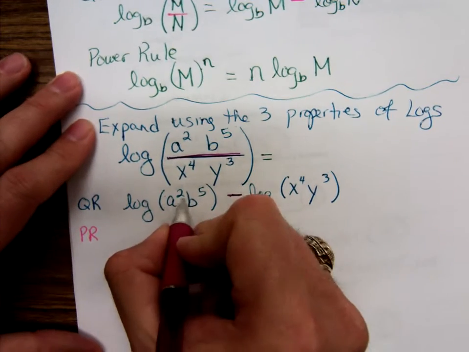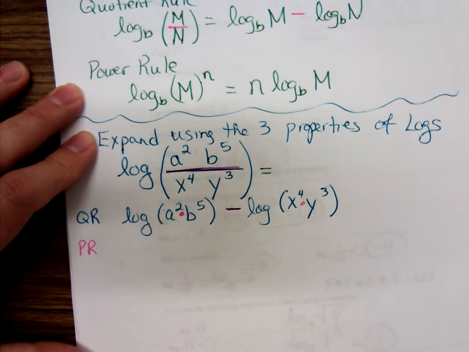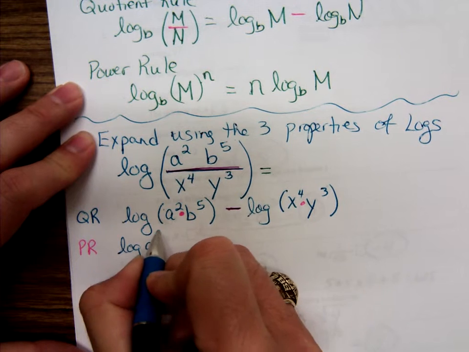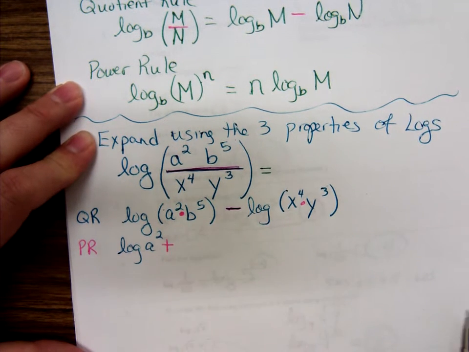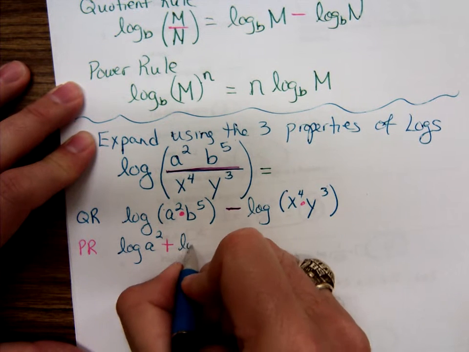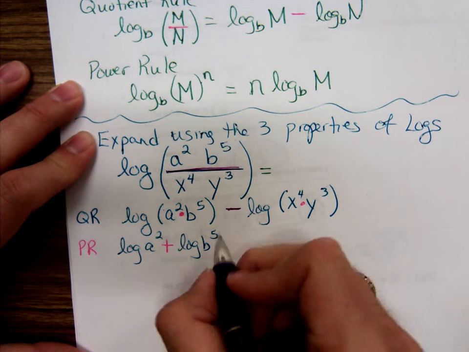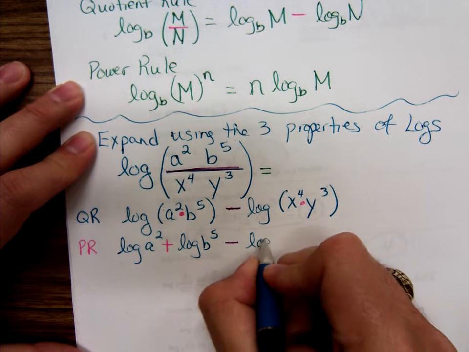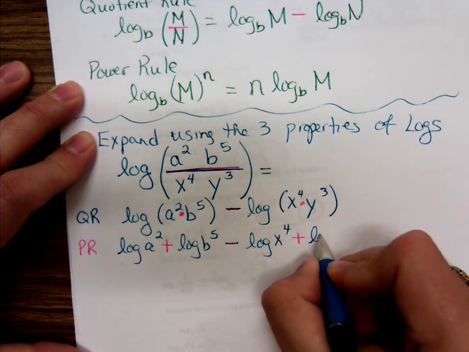So I'm going to put a little dot here to indicate where the multiplication is. So it's going to be log a squared plus log b to the fifth, then minus log x to the fourth plus log y to the third.